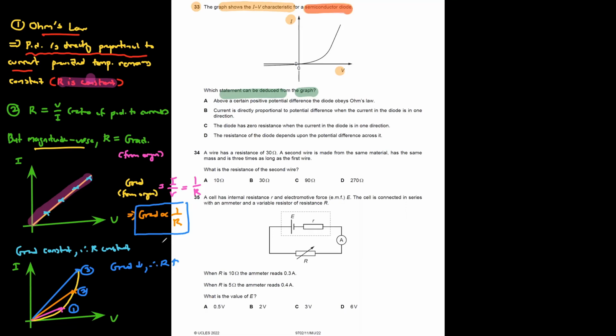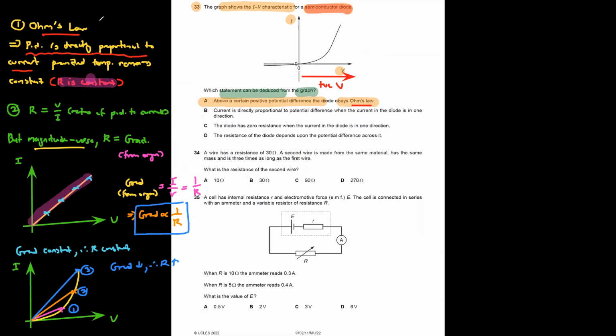All right, so that one is all right. Then from here, let's look at our specific answer choices. If you look at answer choice A, where they say above a certain positive potential difference, the diode obeys Ohm's law. So your positive potential difference is going from here to here. This is where you have your positive potential difference. So they say that your diode obeys Ohm's law now.